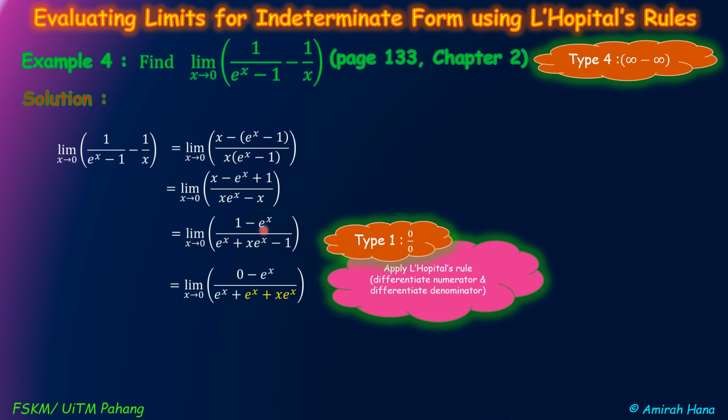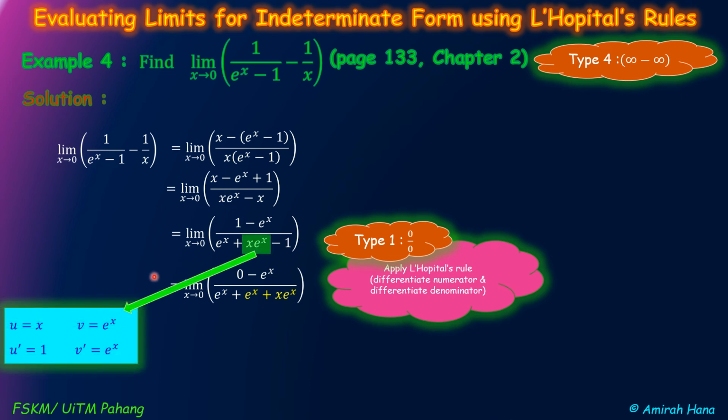We differentiate e to the power of x, it becomes e to the power of x. Then in the denominator, we differentiate e to the power of x, it becomes e to the power of x. We differentiate x e to the power of x using the same technique as just now, the product rule. Our u is x and our v is e to the power of x.